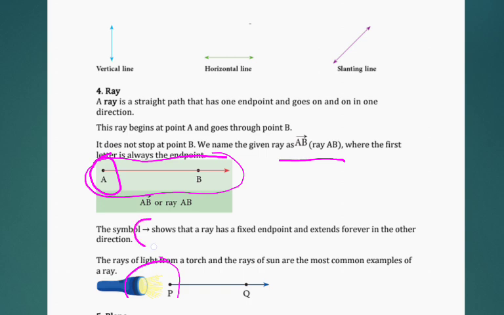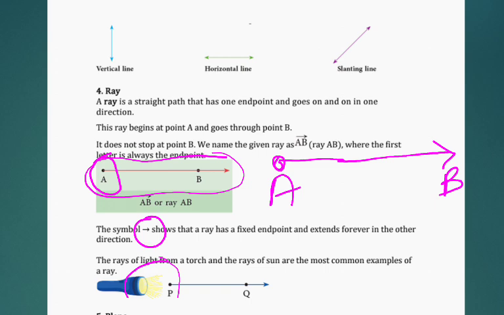The arrow symbol shows that the ray has a fixed end point and extends forever in the other direction. So from this point A, it is moving in the direction of B. That is the ray.